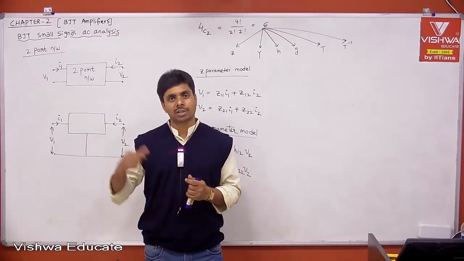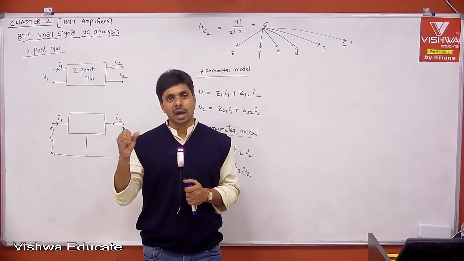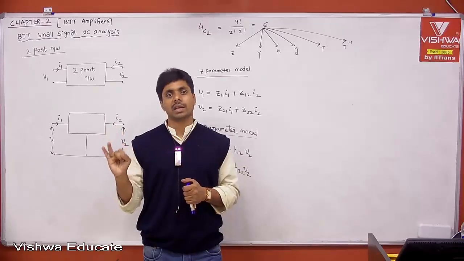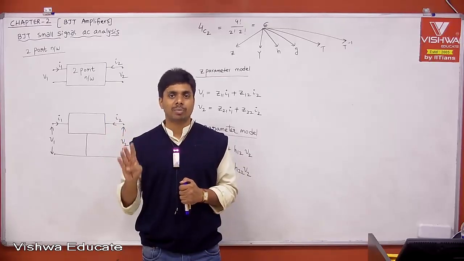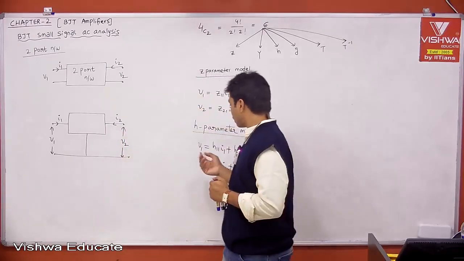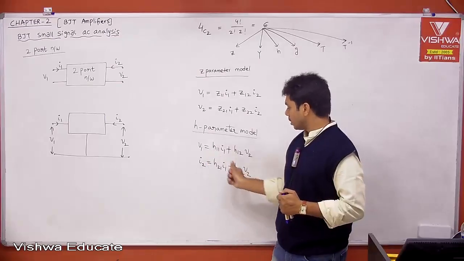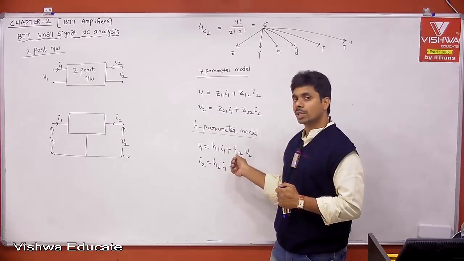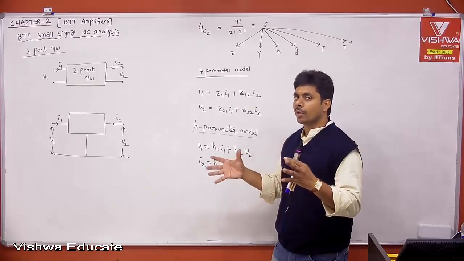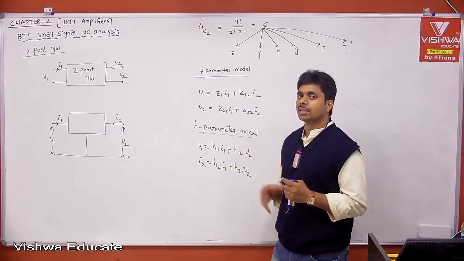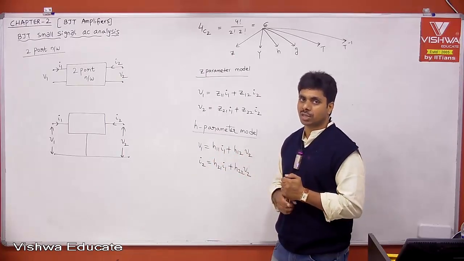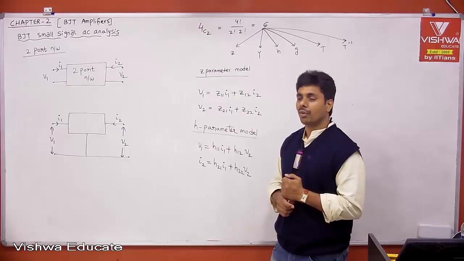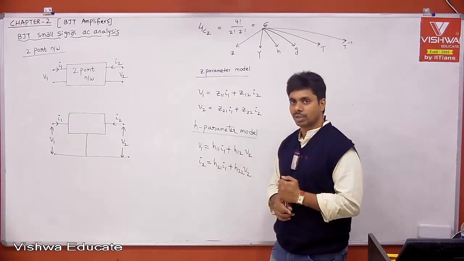For small signal low frequency analysis, they are voltage gain, current gain, input impedance and output impedance. The H parameter model gives input impedance, output impedance, current gain and reverse voltage gain. Therefore, indirectly we are able to see the transistor parameters which we need for an amplifier. Therefore, it is better to go ahead with the H parameter model.